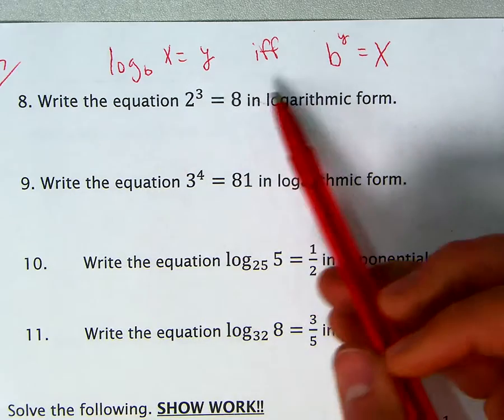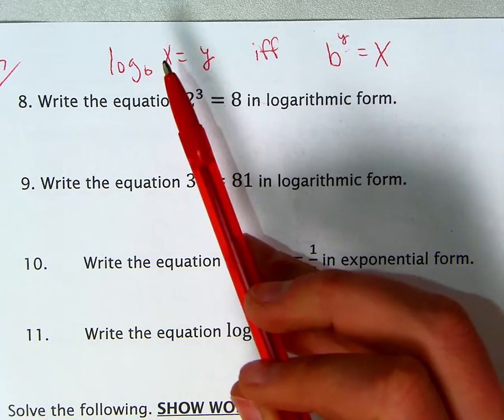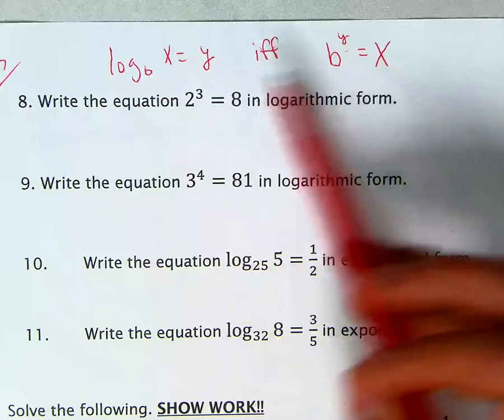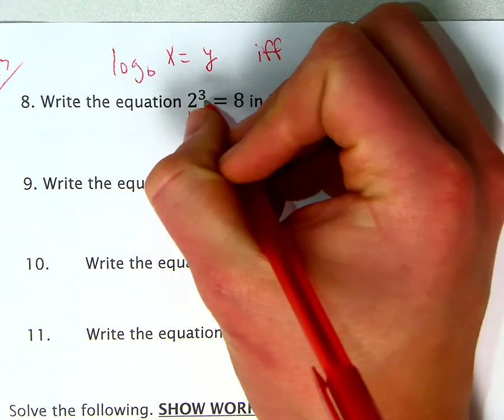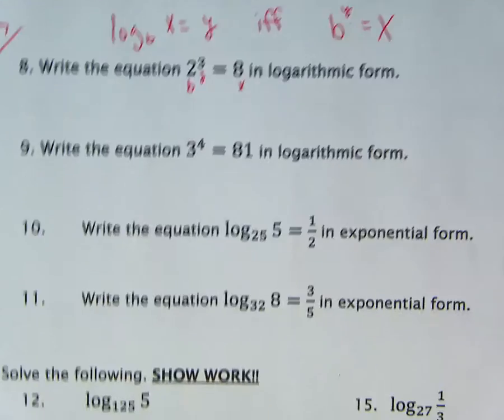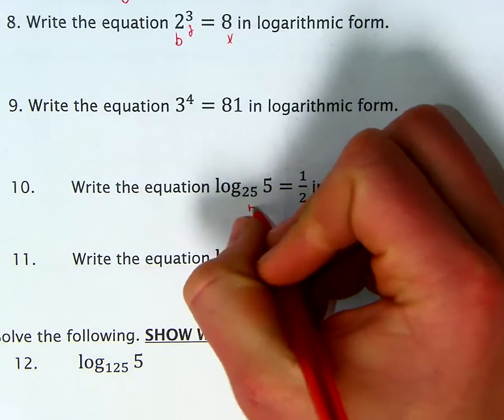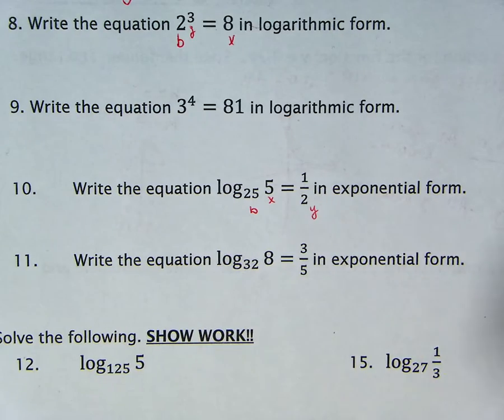We need to know this because when we know this, we can go from this to log form and from log form to exponential form. Again, first thing you need to do, label each number, and then it makes it easier to do. Label each number, and then put them in the other form.